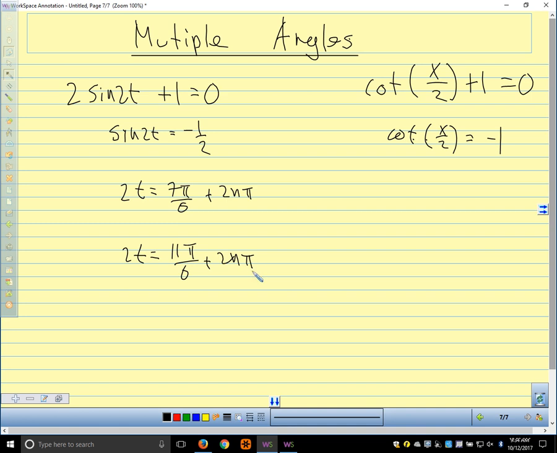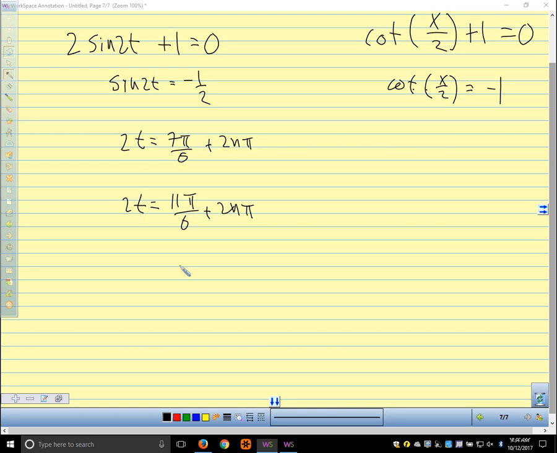But we want to solve for t, not 2t. So now I'm going to divide everything by 2. So t equals 7 pi over 12 plus n pi, or t equals 11 pi over 12 plus n pi.